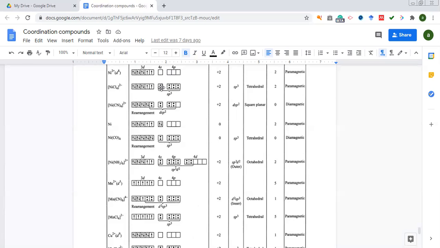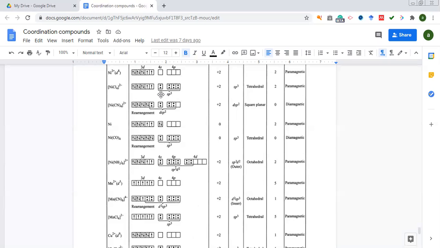Now this sp3 hybridized orbital overlaps with the ligand. The two dots indicate that the vacant orbital is filled with two electrons donated by the ligand. The hybridization is sp3, so we can say the geometry is tetrahedral.